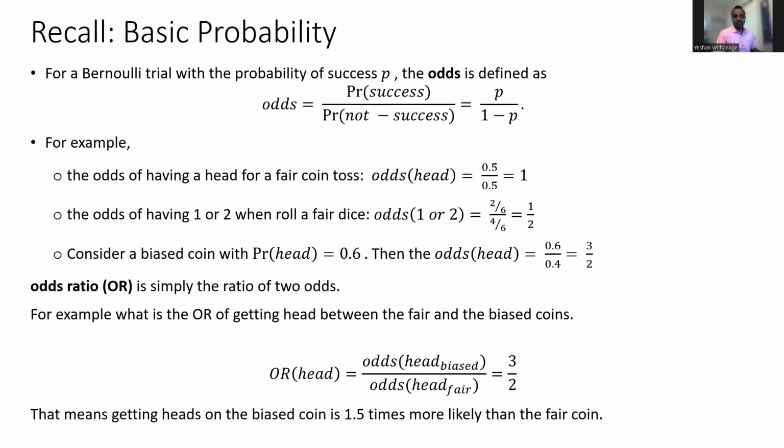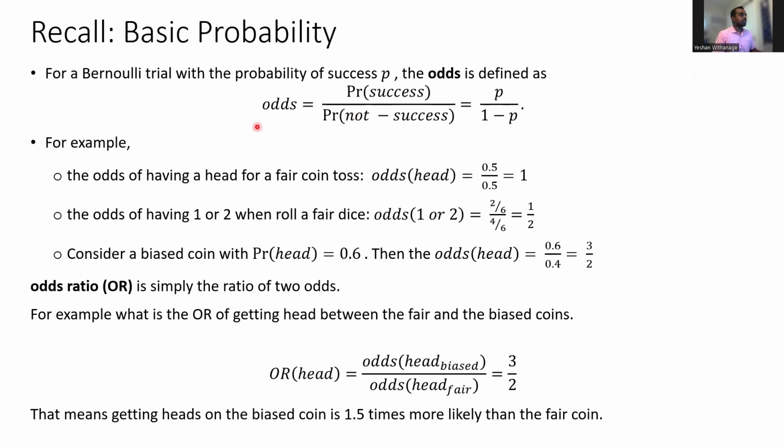So first, note that for a binary variable with probability of success P, the probability of failure should be given by 1 minus P. Why? Because since it is a binary variable, it has only two possible outcomes. If one outcome has a probability of P, then the other one should have the probability of 1 minus P. So now if you consider the ratio between P and 1 minus P, that is called the odds.